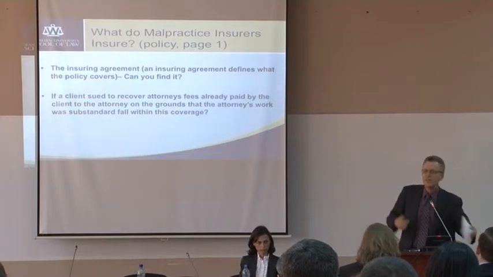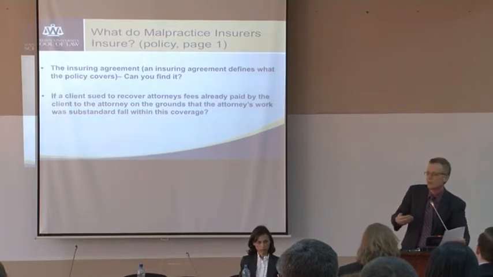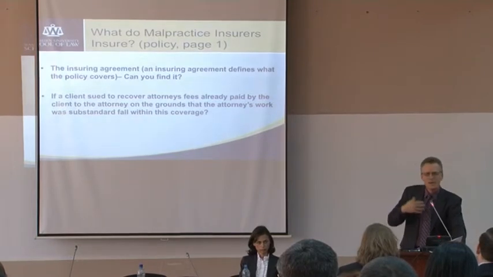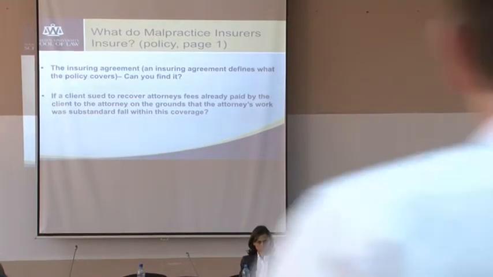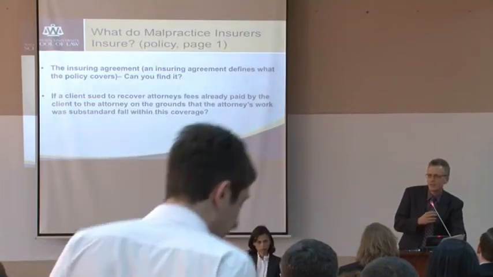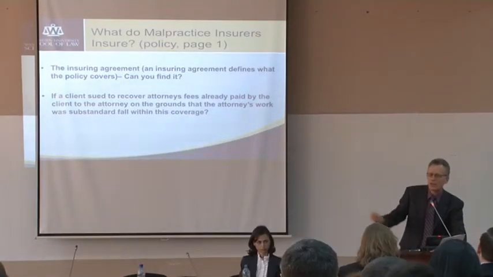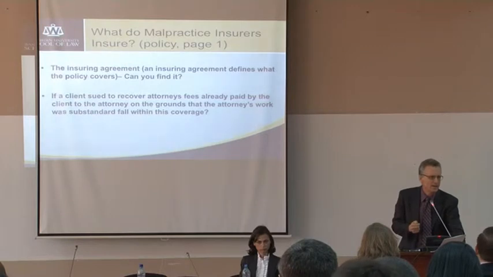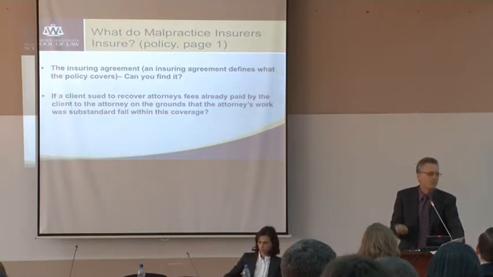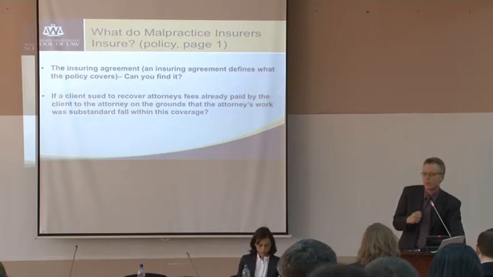On the declarations page, it would have a retroactive date. In the United States, lawyers conceptualize themselves as needing, in many instances, to buy an earlier retroactive date if they've been practicing for a long period of time. They pay extra in premiums for the protection against older claims.